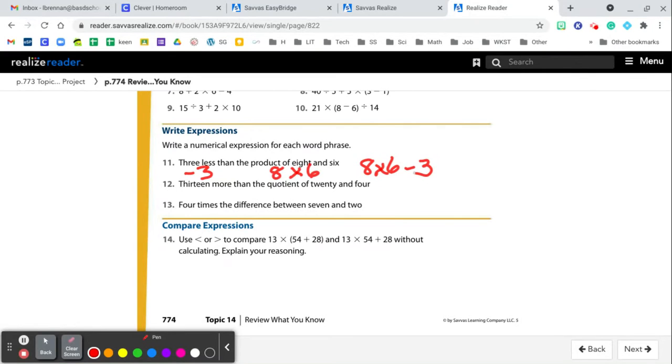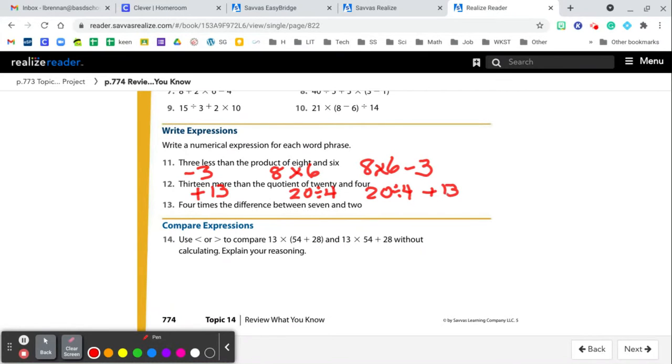13 more than the quotient of 20 and 4. So we're going to plus 13 the quotient of 20 divided by 4. So 20 divided by 4 plus 13.